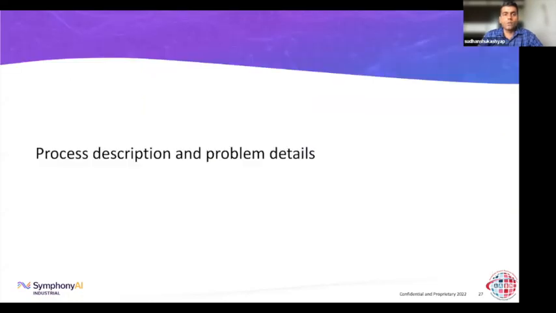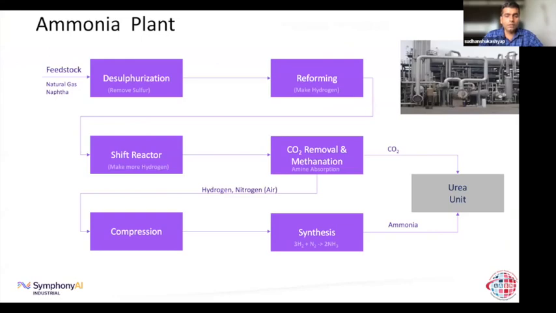Okay, so now we have covered some basic fundamentals about anomaly detection. So we get into a real use case where this is being applied, and we'll try to understand how it works with an example. The application is in an ammonia plant.